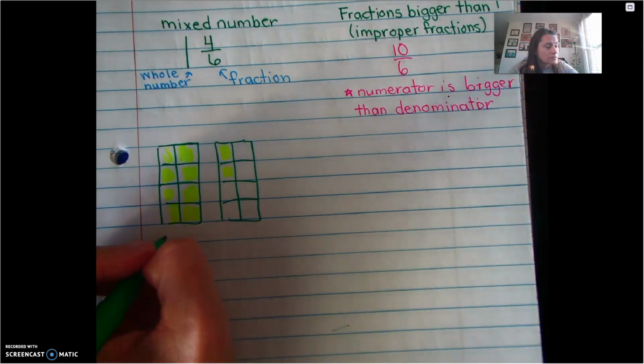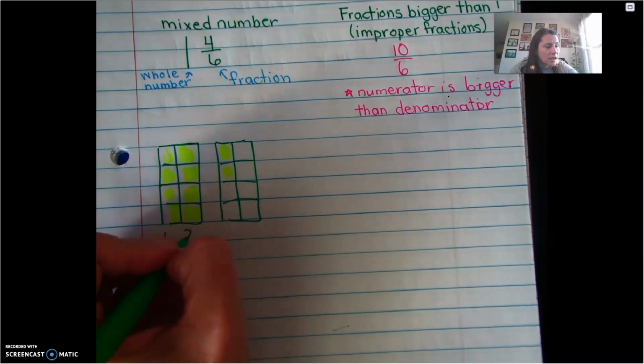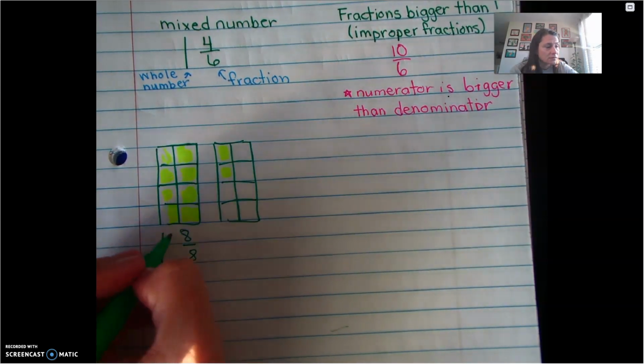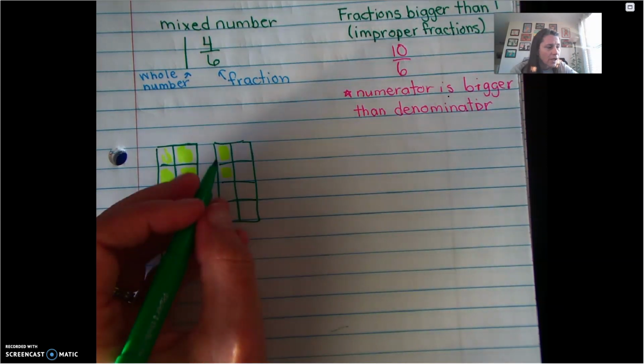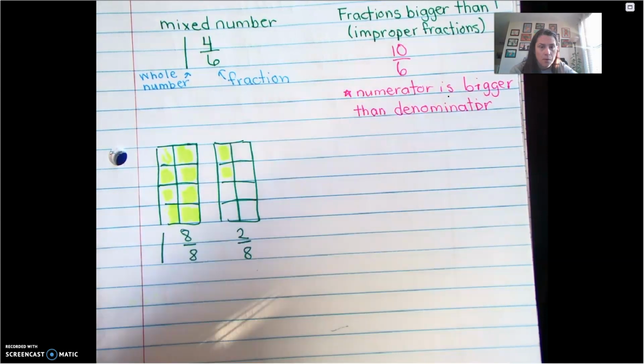So this is 1 whole, so we can write it as 1, or we can also write it as 8/8. So there's the two ways that we can write that, depending on which way we want it to be. And this one is 2/8, right?